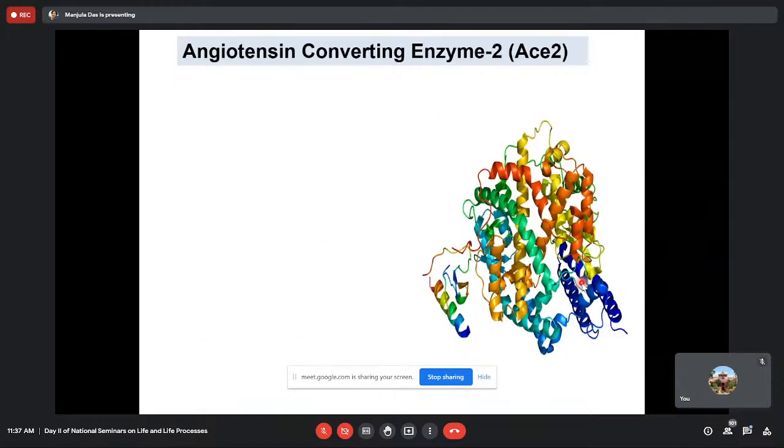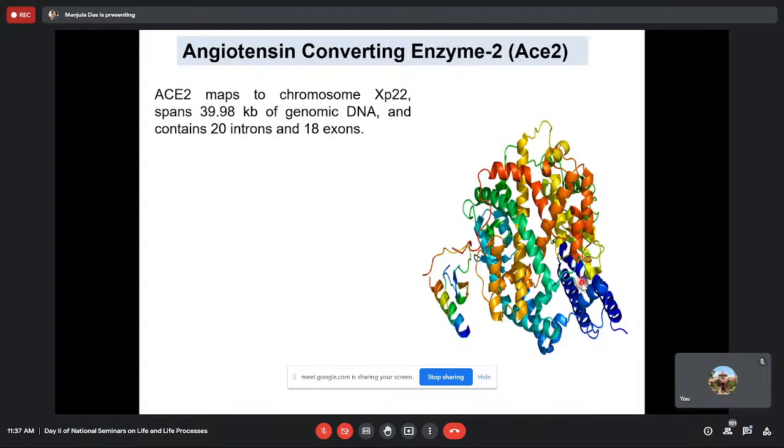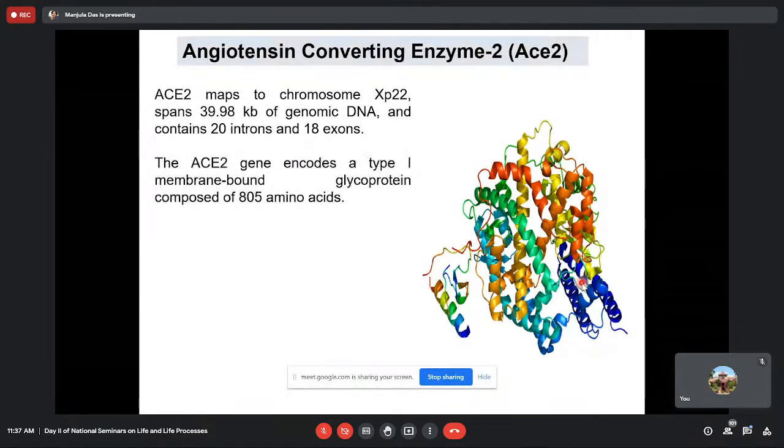So, a little more about the angiotensin converting enzyme. Let me introduce you to the ACE2 molecule, the receptor. ACE2 maps to chromosome X at p22 position. It spans around 39.98 kilobase pairs of genomic DNA and contains 20 introns and 18 exons.